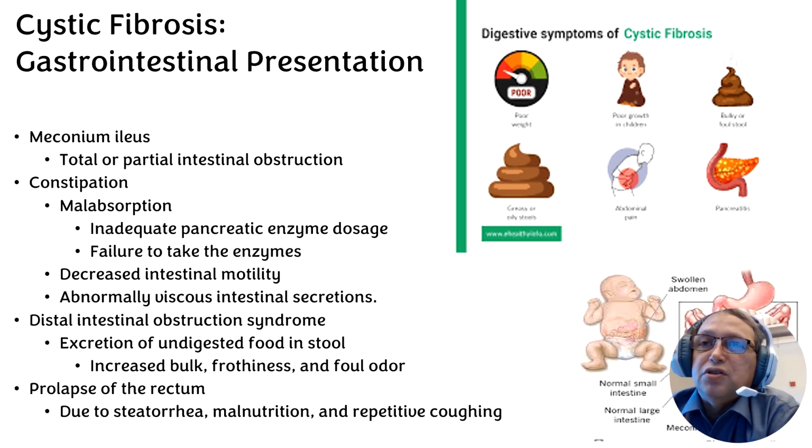Prolapse of the rectum, which means that the rectum flips inside out and sticks out of the back end of the kid, looking a lot like a tail. This is due to the strain related to the mucus plug being forced out of the body. You're going to have steatorrhea, and with this comes malnutrition on top of the coughing.